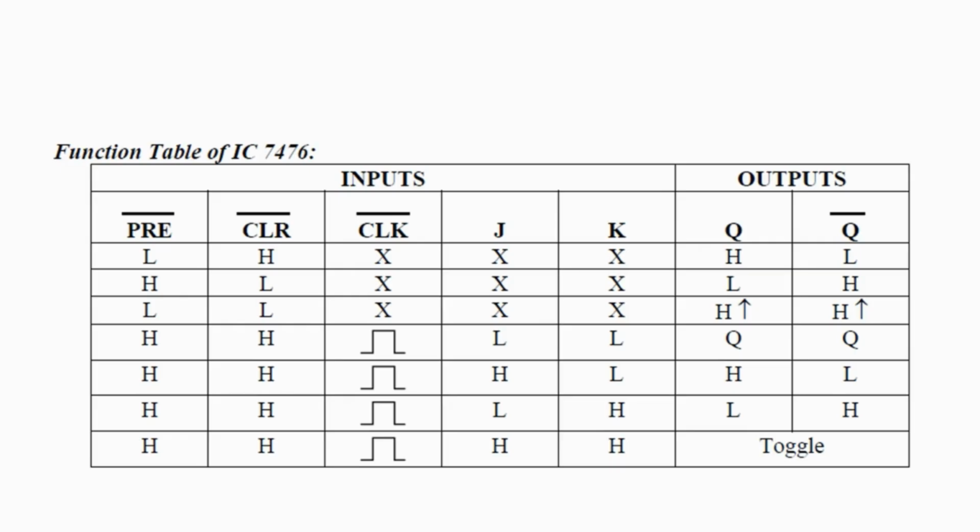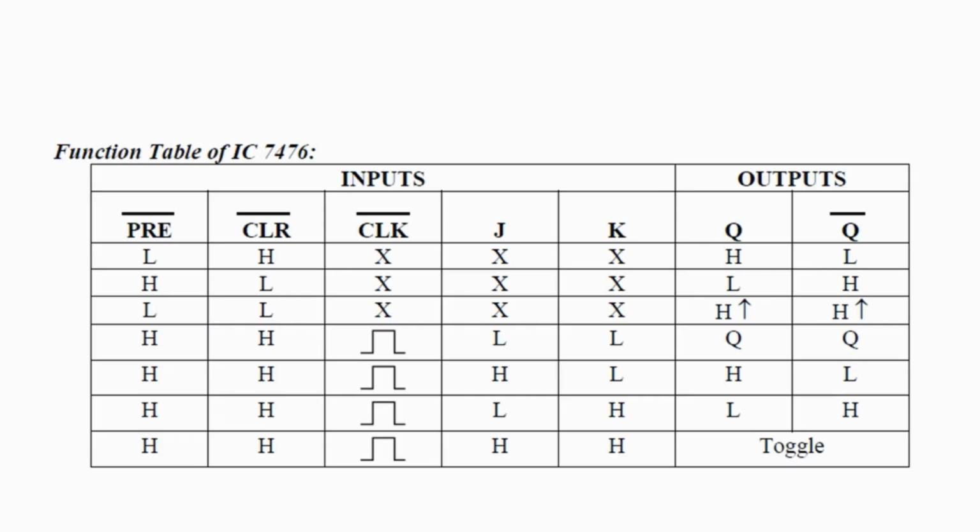Then for the outputs Q and Q bar, we won't find any change in the next state. Whatever the present state is will be carried down to the next state also. In the next row, J is equal to 1 and K is equal to 0. For this, the next state is going to be set, that is Q is 1 and Q bar is 0.